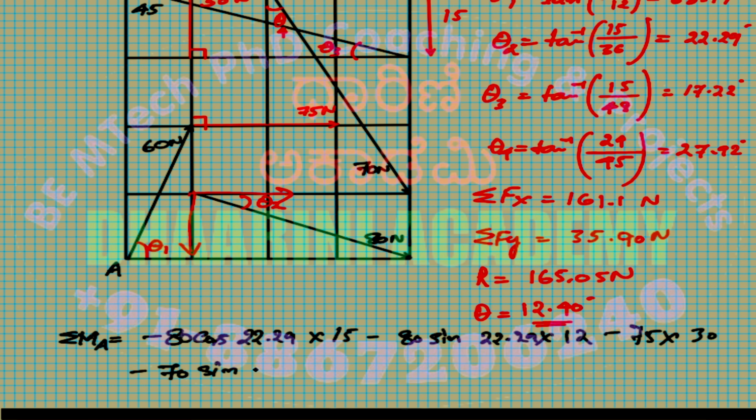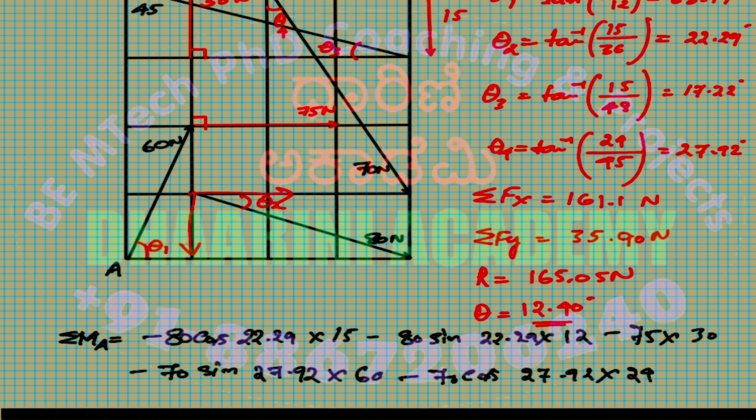Theta 4 is 27.92. That is the horizontal force acting over here, and the distance is 15 into 4, 60. And the vertical force is again going to make it rotate anti-clockwise. So minus 70 into cos 27.92 into the distance, 2 units horizontal, so 12 plus 12, 24.